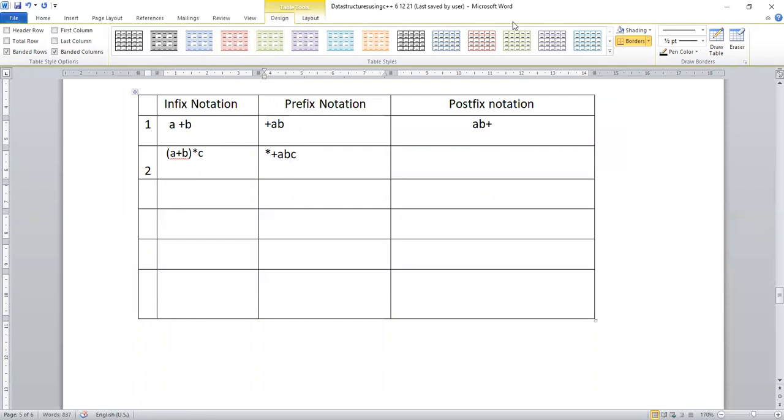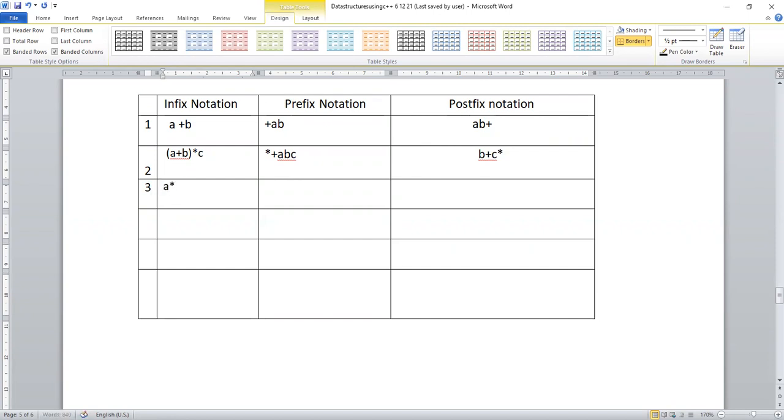Postfix, ab plus c into. Okay, so this is postfix notation.